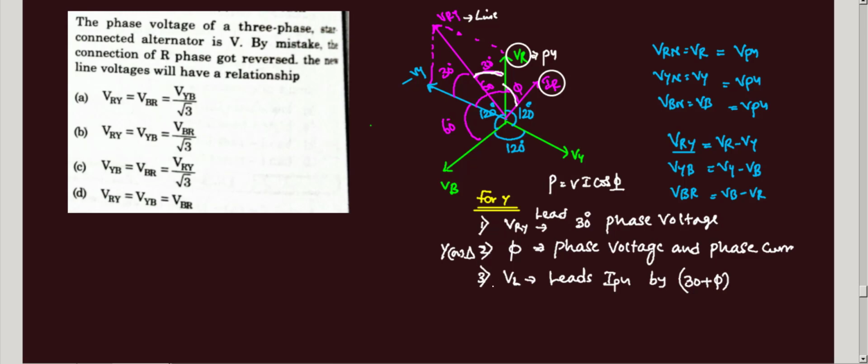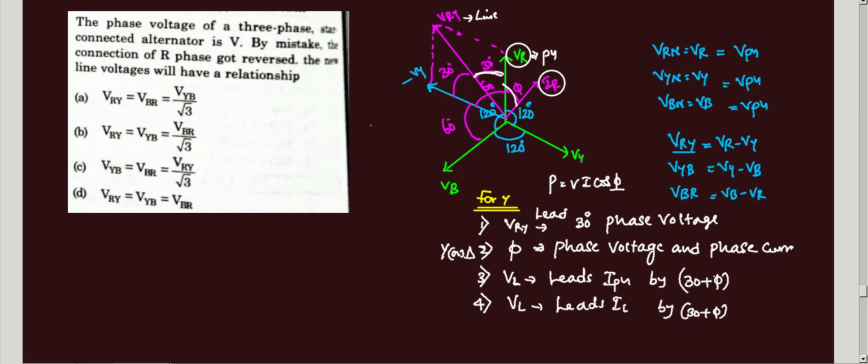Fourth point: what is the fourth point? The line voltage leads the line current by how much? 30 plus phi, because in star connection, line current equals phase current. So these are the four very important points regarding the star connection.